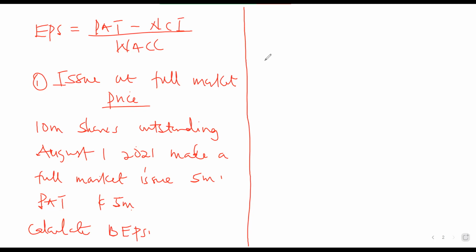Out of these two shares, which of them is going to have a full year impact on the profit?